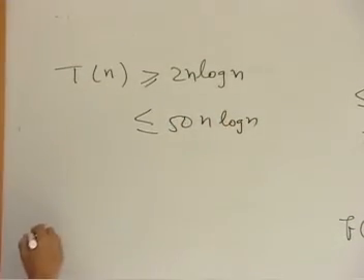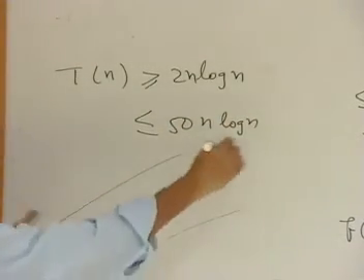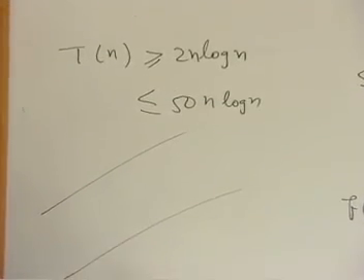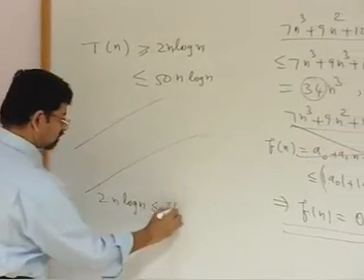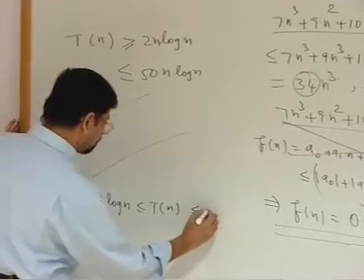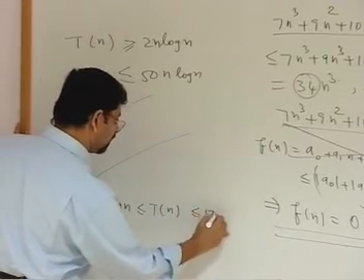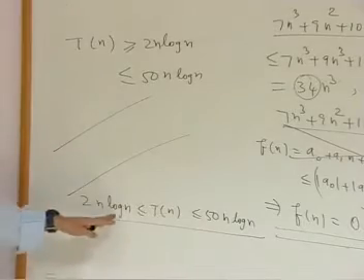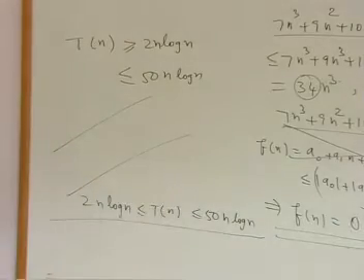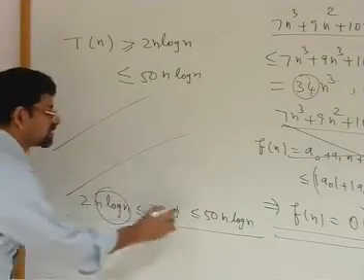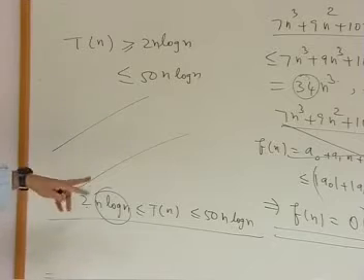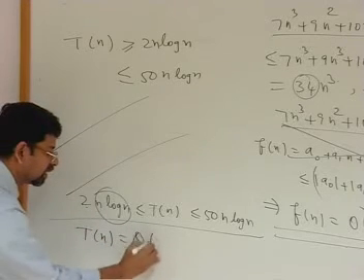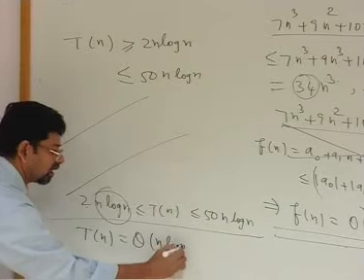That means it is in a band, in a weird fashion: 2 n log n less than or equal to T of n less than or equal to 50 n log n. It is upper bound and lower bound by a similar kind of thing, but for some constants. In this case, you call T of n as theta n log n.